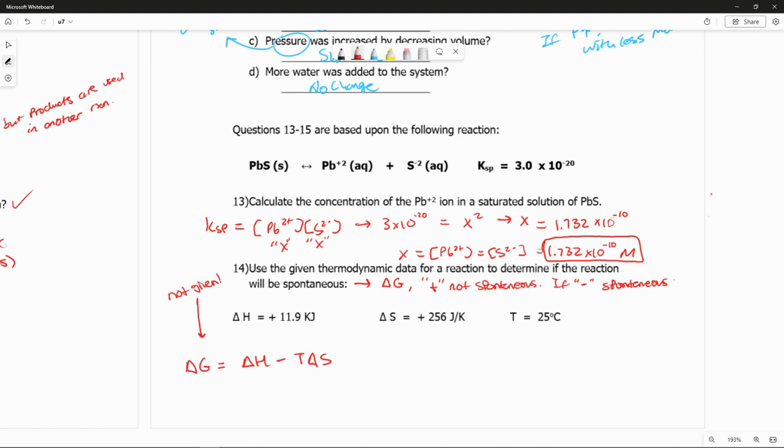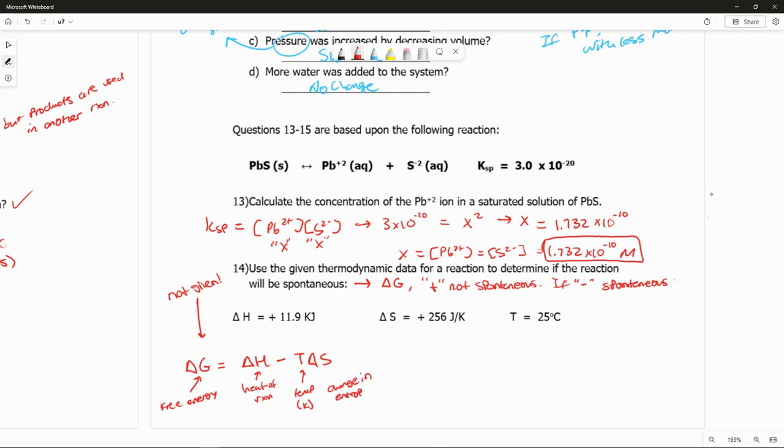Let's define each of our variables. Delta G is our free energy change, the Gibbs free energy. We have delta H, the heat of reaction. We have temperature, of course, in Kelvin, and change in entropy.